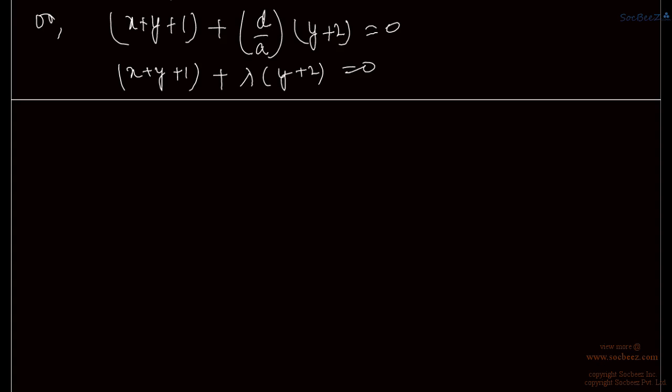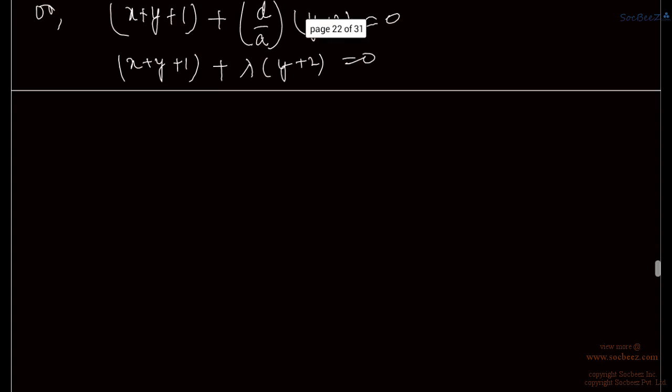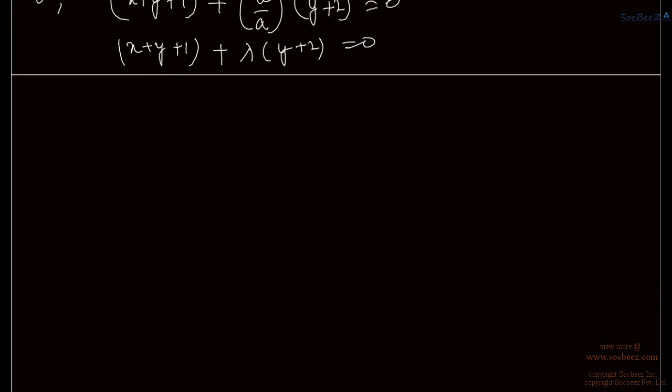Okay. So this equation looks somewhat similar to the expression of a line passing through the point of intersection of two lines. Say we have line a1x plus b1y plus c1 equal to 0, and line a2x plus b2y plus c2 equal to 0.